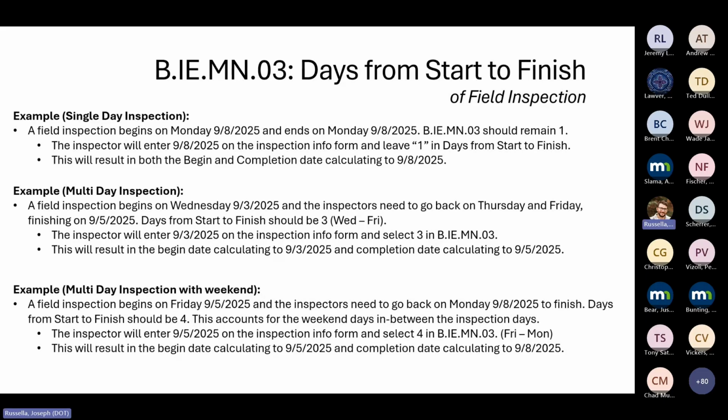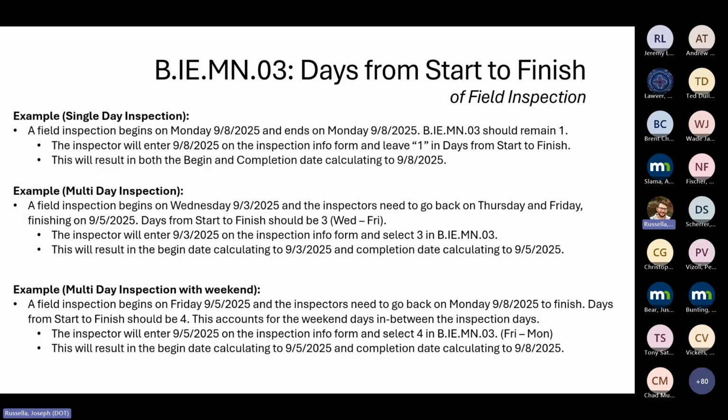And now a multi-day inspection with a weekend in between. So you may not necessarily be out in the field those weekend days, but they are in between the begin and completion dates. So we do need to account for those. So in this case, inspection starts on Friday 9/5, and the inspector needs to go back on Monday 9/8 to finish.